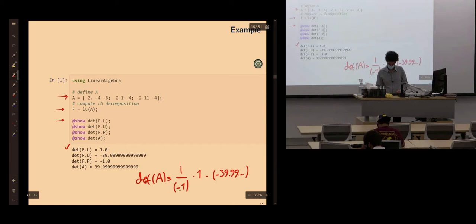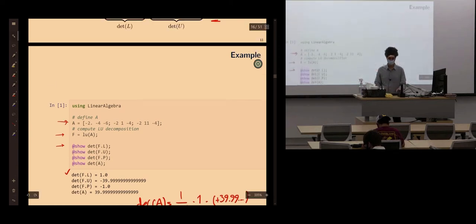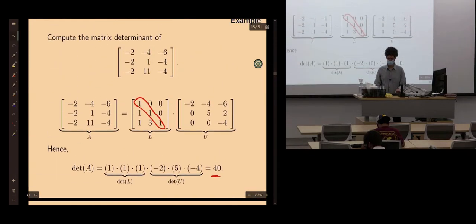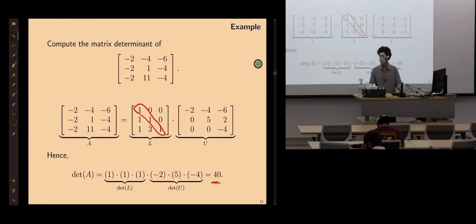So this gets canceled together, and I get almost the same answer. Right? I have here 39.99999 forever. If you can forgive numerical errors, that's pretty much 40, right?